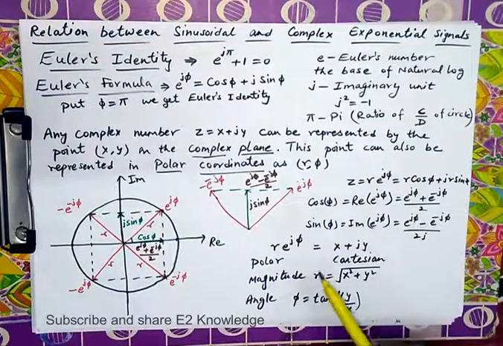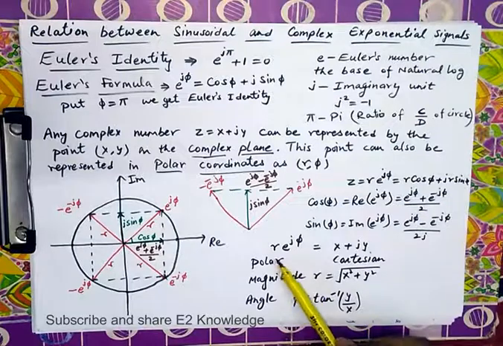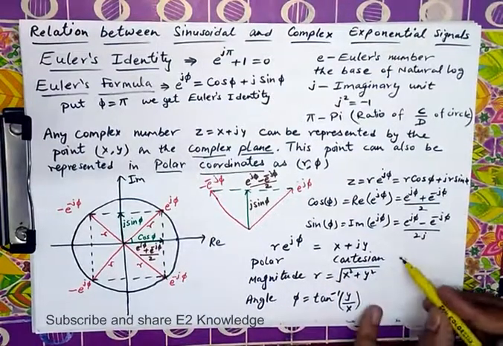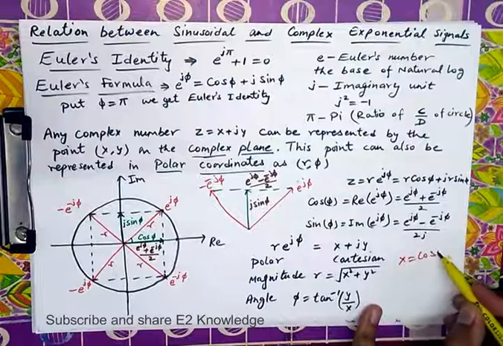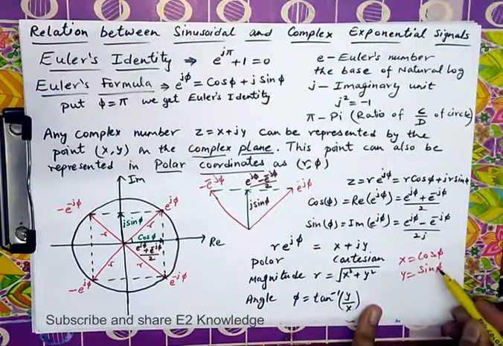Further, we can elaborate the polar and Cartesian coordinate relationship by this formula, r e raised to the power j phi equal to x plus jy. Suppose, for example, x is cos phi and y is sin phi.